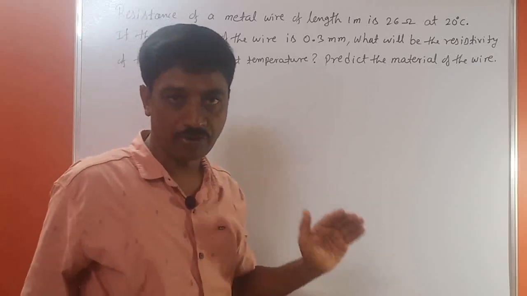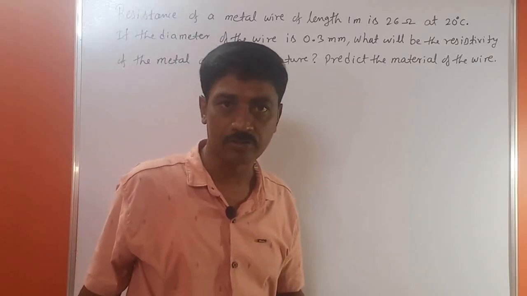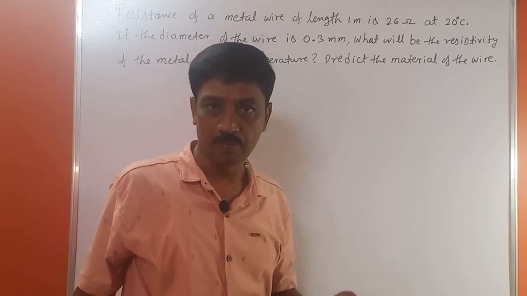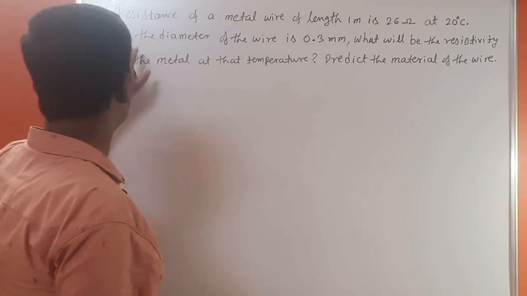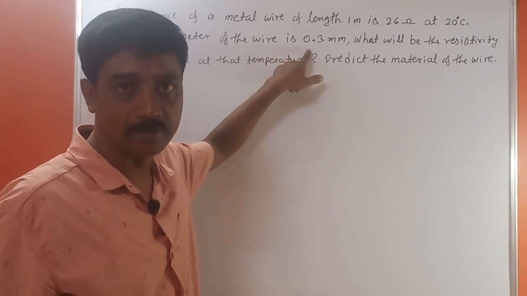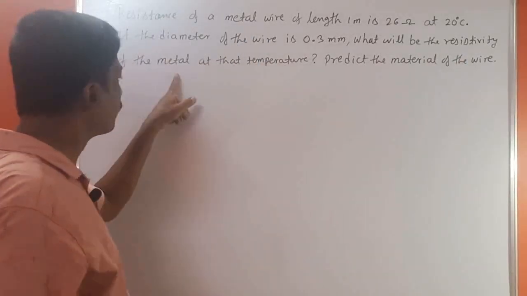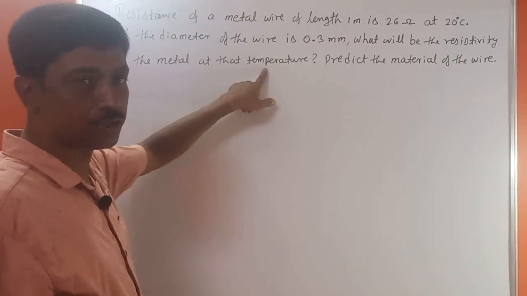If the temperature is fixed, then there is no variation in resistance. That means it remains constant. If the diameter of the wire is 0.3 millimeters, what will be the resistivity of the metal at that temperature?